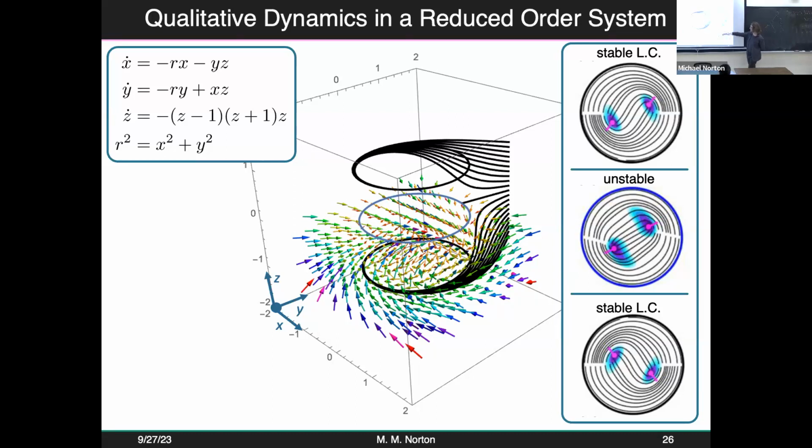But what this also highlights is the power of the optimal control solution that we found, which is that in this lower dimensional space, it's obvious that to get from one attractor to the other, we need to move in the z direction. There's no amount of moving in the XY plane that will get you from one attractor to the other. It will just change your phase. But in this high dimensional PDE system, it's not obvious what z means.